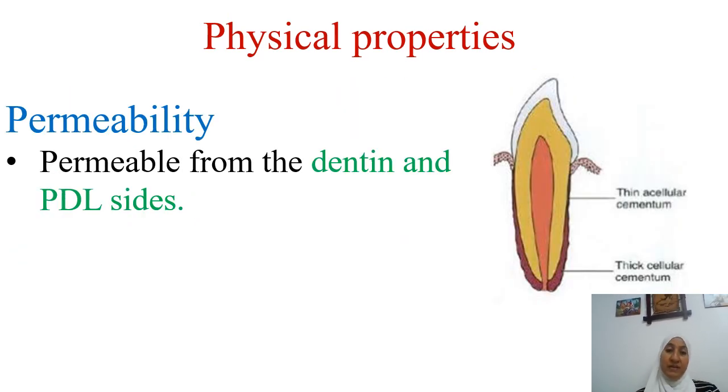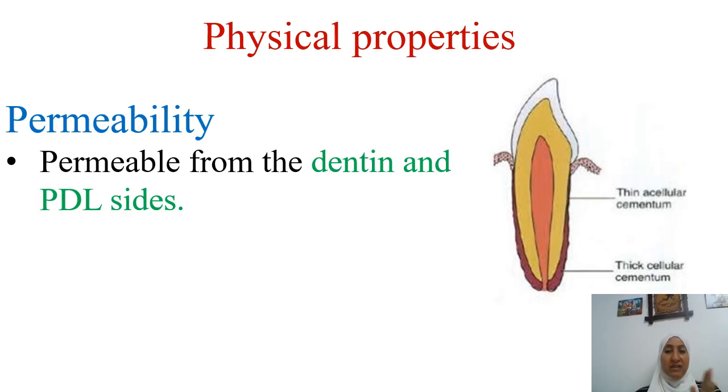Regarding permeability, cementum is highly permeable compared with dentin and allows the transport of some nutrition from the PDL toward the dentin. However, the permeability of cementum is higher toward the PDL compared with toward the dentin.